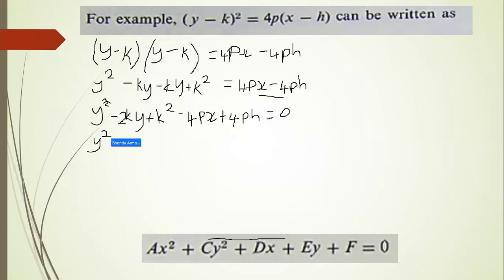Then we have an x term, which is the minus 4px. And then we have our y term, which is minus 2ky.